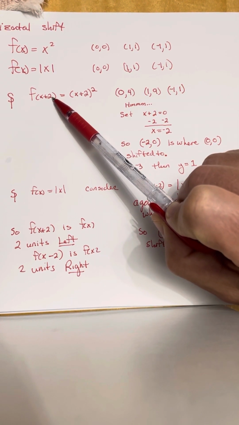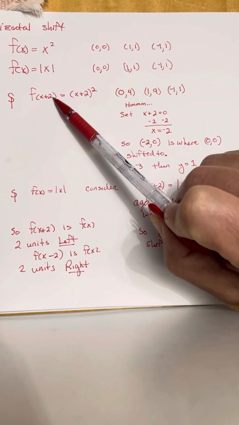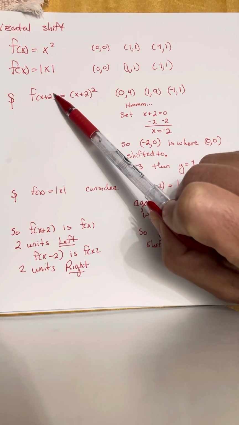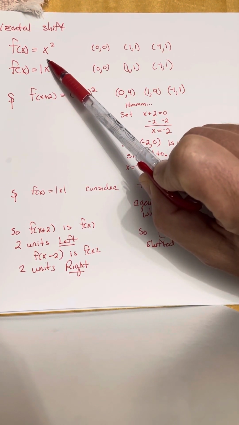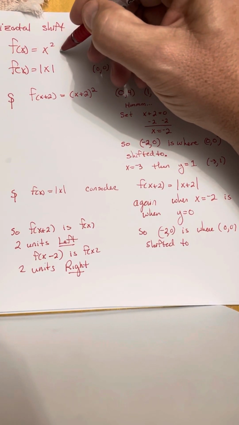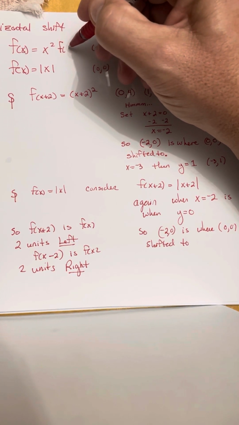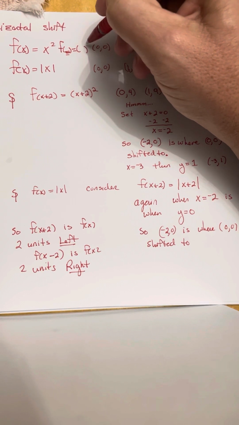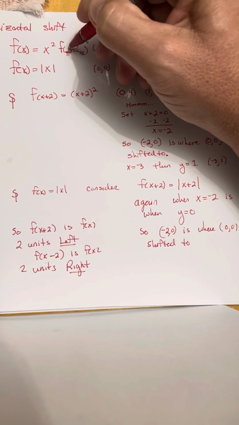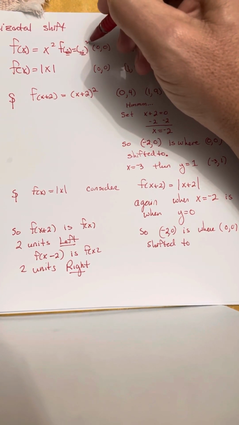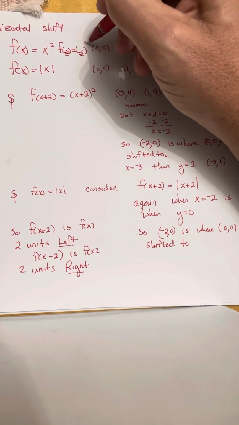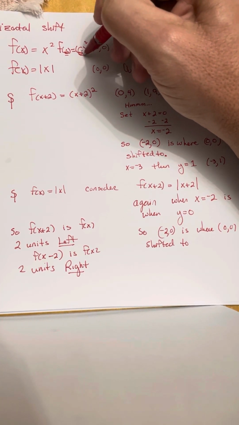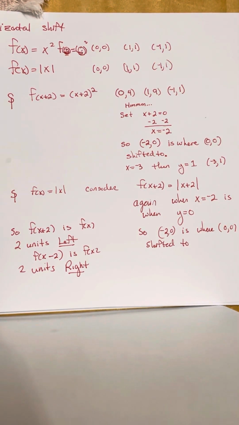And we've talked about this in terms of substitution, that this whole quantity, the x plus 2, replaces the x. In other words, if I were to write this a little differently, this is a vacant space, and this vacant space is the same as this vacant space, and whatever's going on in here is getting squared. This is called the argument, okay?